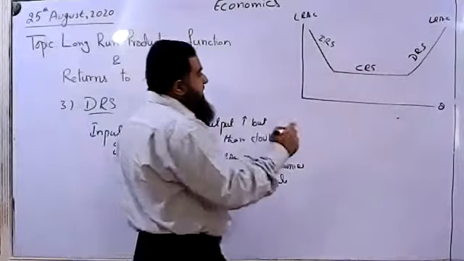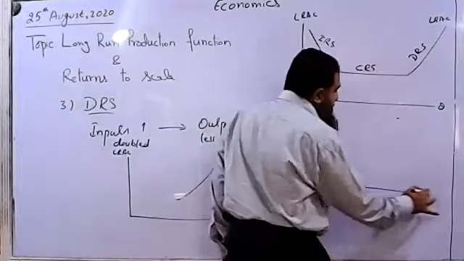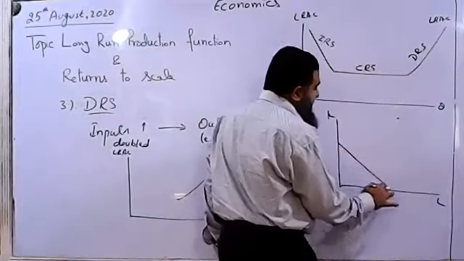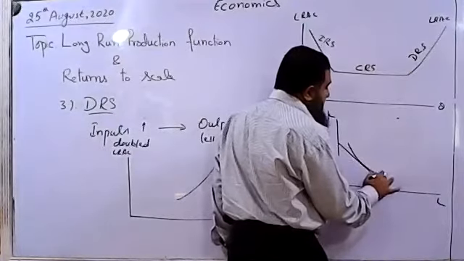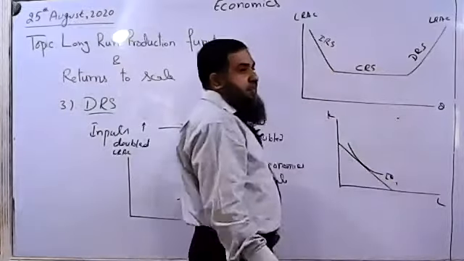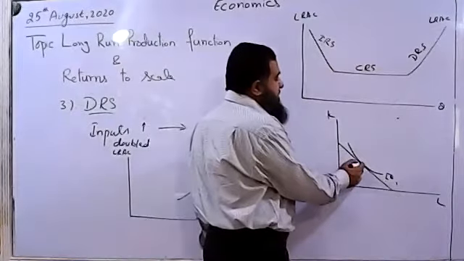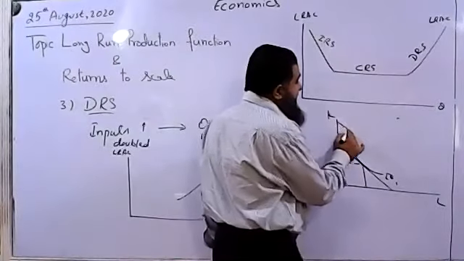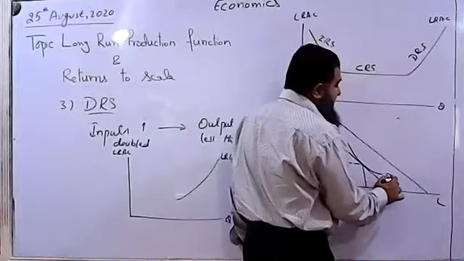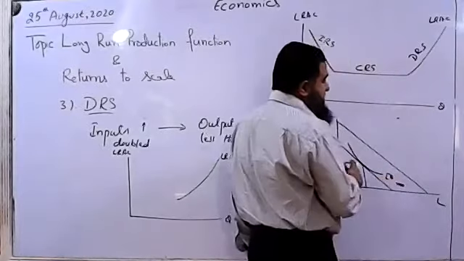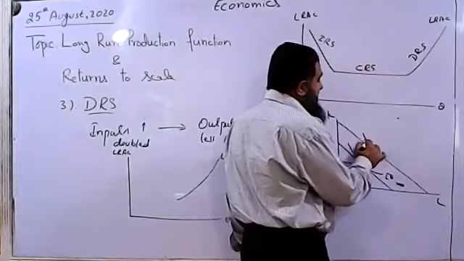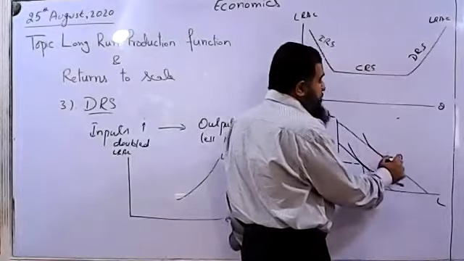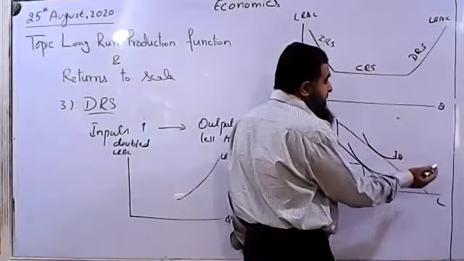So as we see in our isoquant and isocost lines, here I took labor and capital. This is isoquant 1, and this is the optimum production level. This is the optimum cost of production. When we increase the cost, like here we were producing 1000 units and now inputs are doubled, but output has increased by more than double.